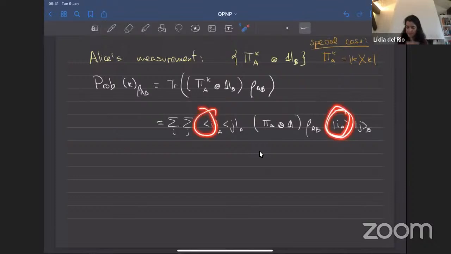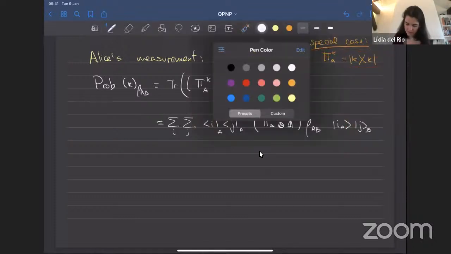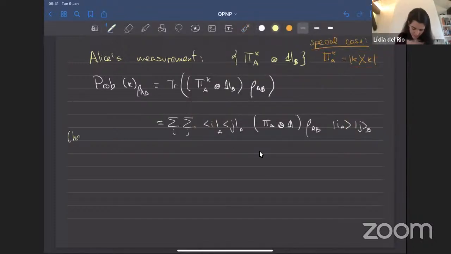For this special case, we choose the same basis as the measurement basis.